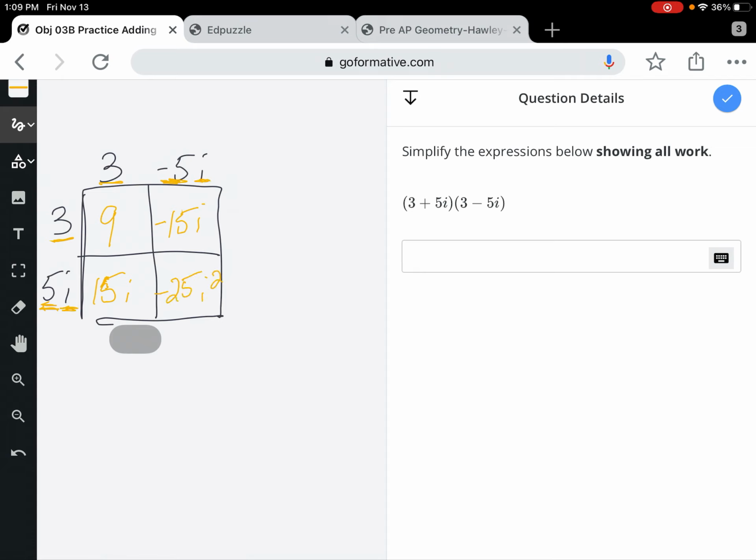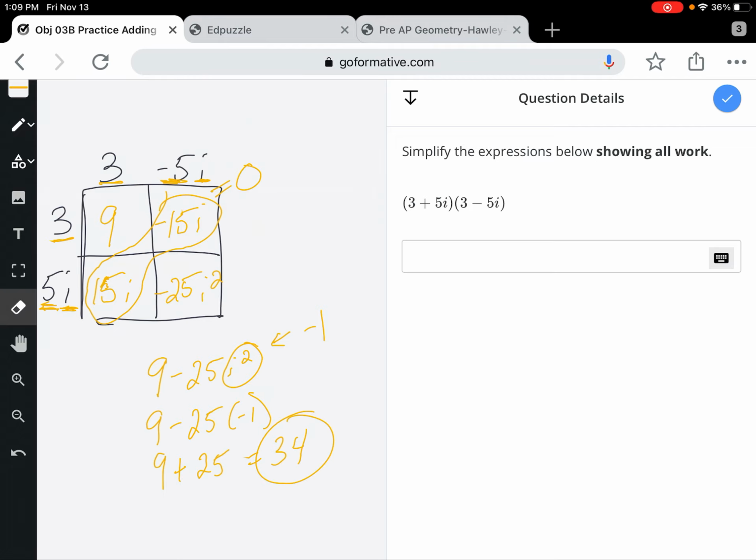I times I is I squared. These I can combine. They actually combine to be 0. So I'm left with 9 minus 25 I squared. I'm not done yet. I know my I squareds I make into a negative 1. 9 minus 25 times negative 1. 9 plus 25, and my answer is 34.